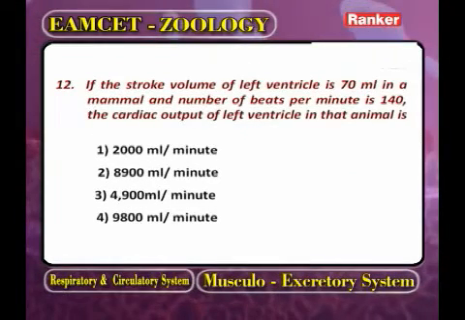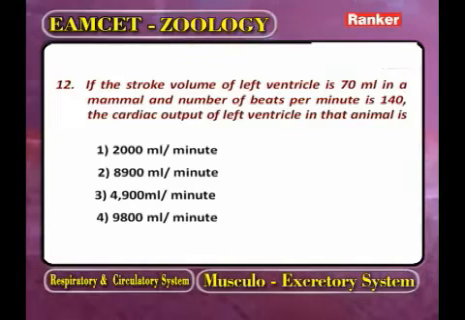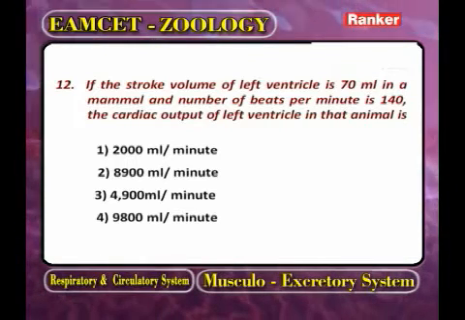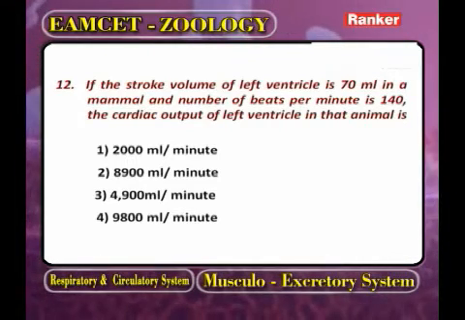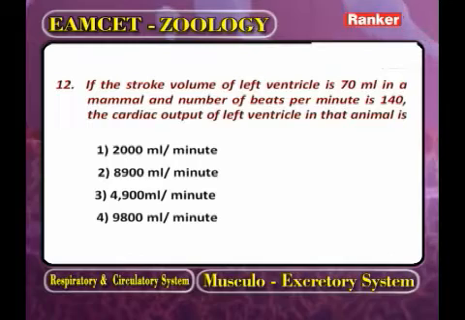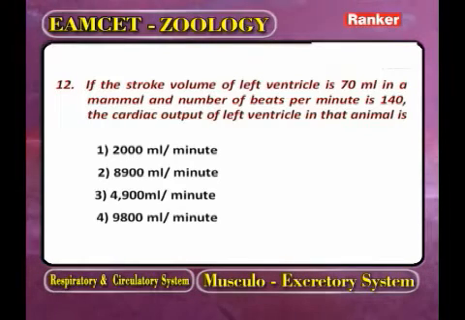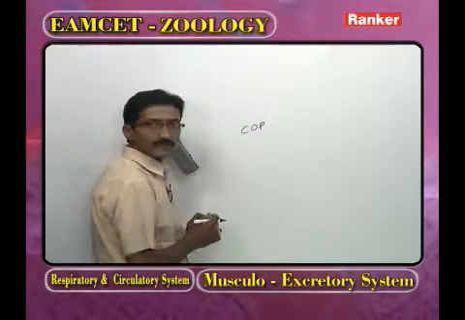If the stroke volume of the left ventricle is 70 ml in a mammal and the number of beats per minute is 140, then what is the cardiac output of the left ventricle in that animal? Now, as we observe the working of the heart, this is the cardiac output, COP.